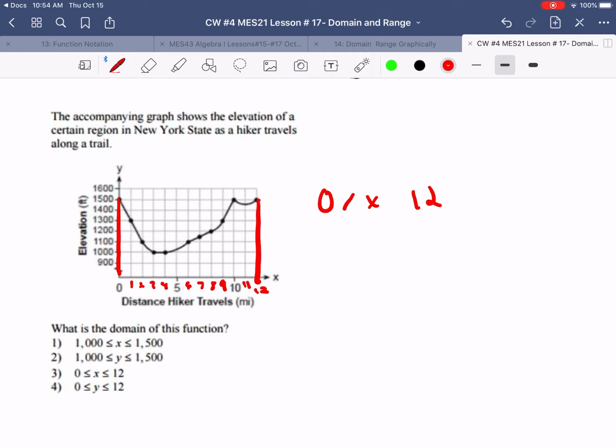So again, I'm going to write is greater than or equal to, and is less than or equal to. The x values for this function are all between 0 and 12. They are greater than or equal to 0, and less than or equal to 12. So you have to use this symbol, because if you use just this symbol by itself, that means that 0 is not included. But we see that it is. So let's look.